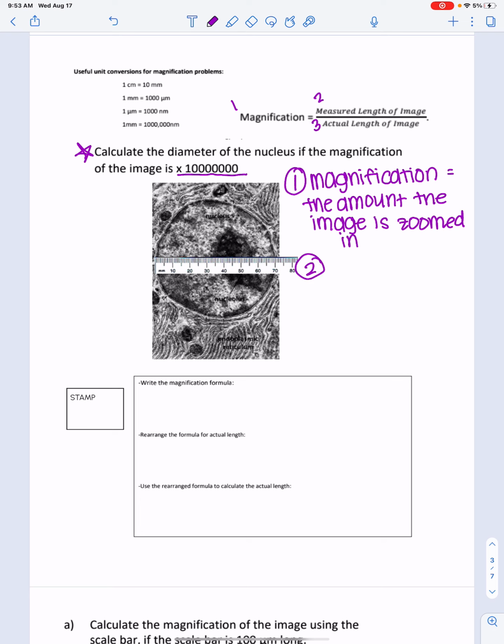Our second variable here is the measured length of the image, and our measured length is pretty much the number that we're finding on a ruler.